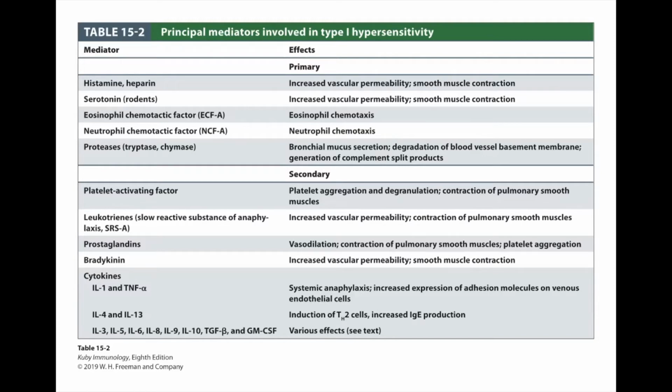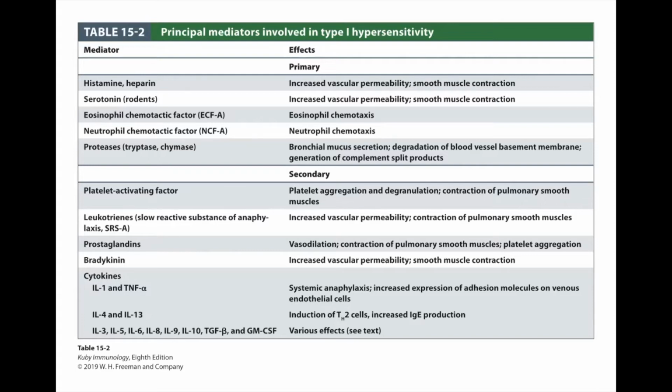We also have these proteases that are going to be produced. The proteases are going to be important because they're going to be able to cleave proteins. And so this leads to mucosal secretions. It allows for more permeability of the blood vessels, because the basement membrane of these epithelial layers is going to be kind of broken up by these proteases.